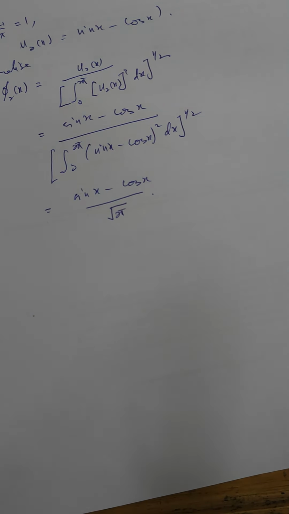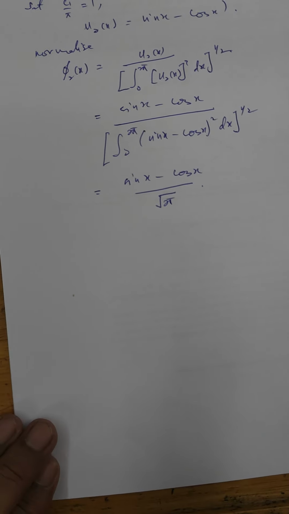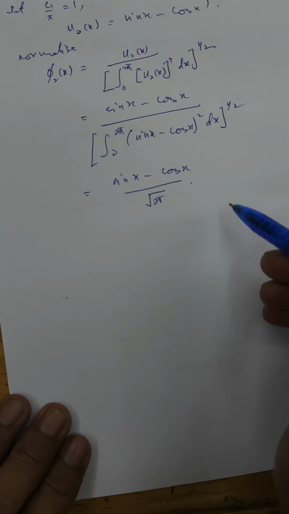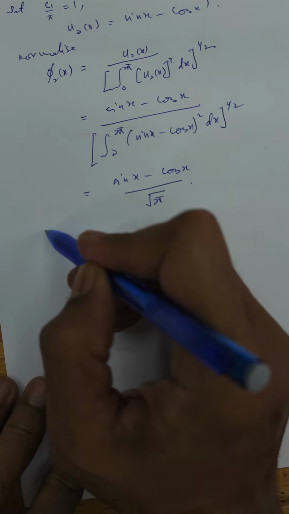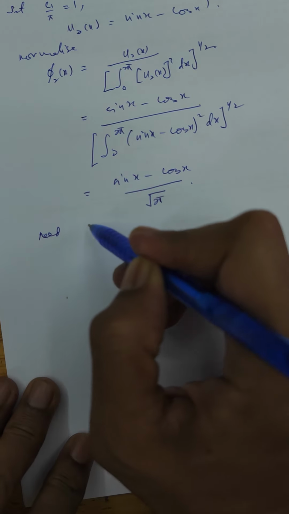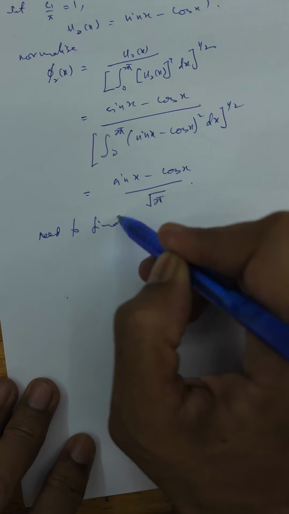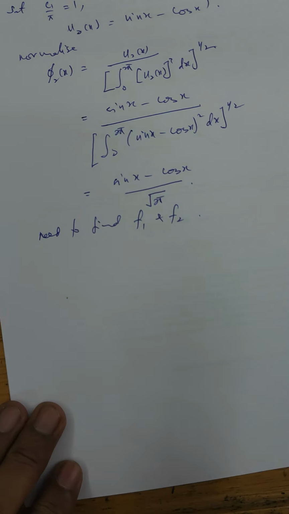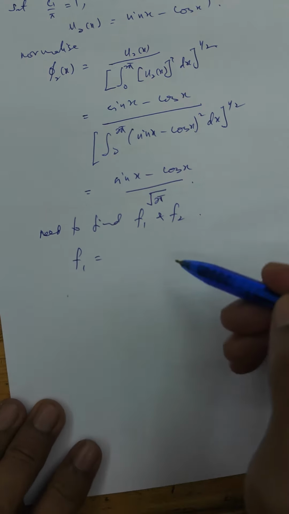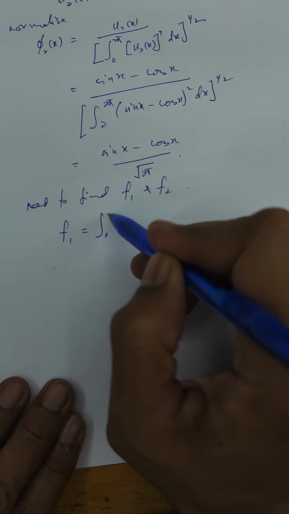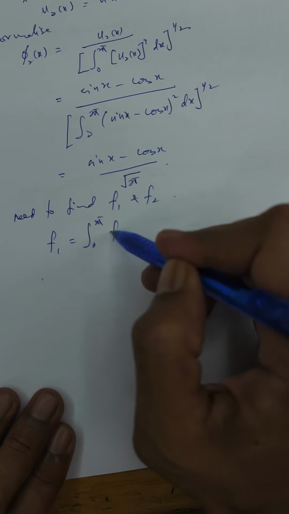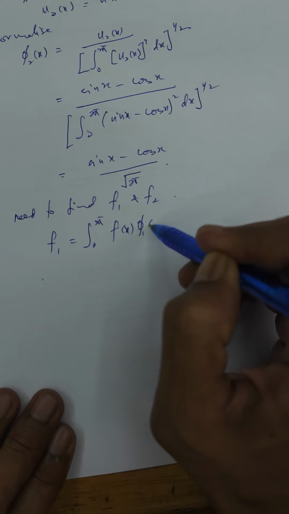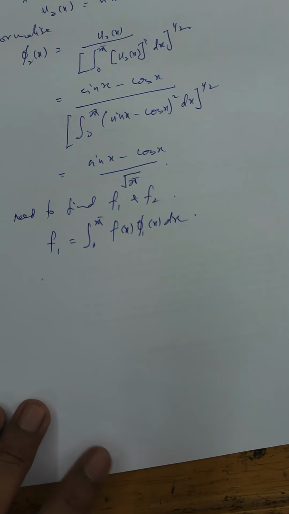Okay, so next we need to find what is f1 and f2. For f1 we have the integral from 0 to 2 pi of f(x) phi 1(x) dx.